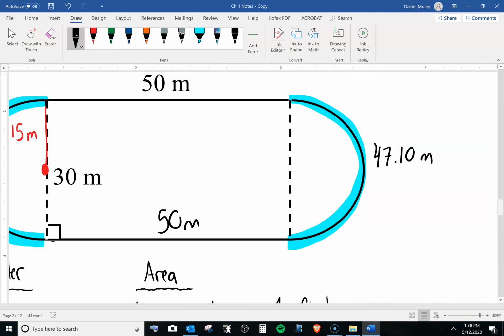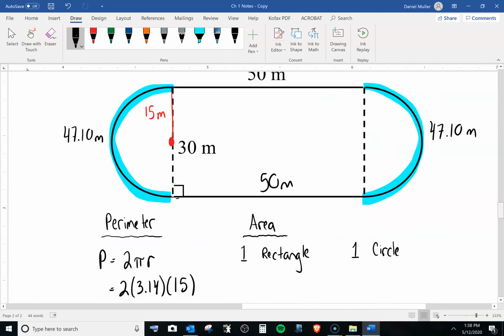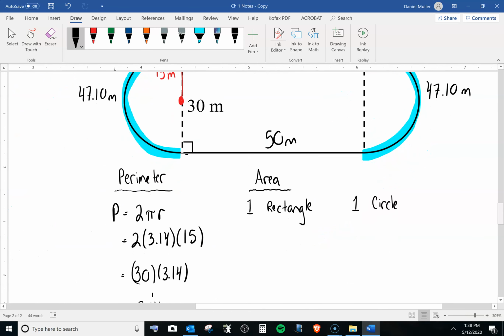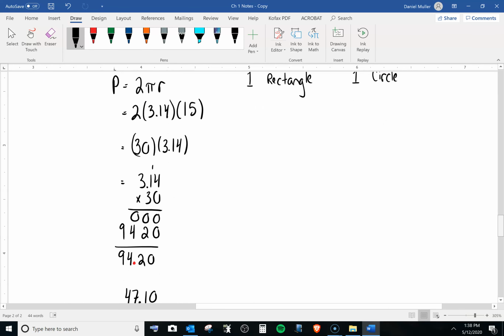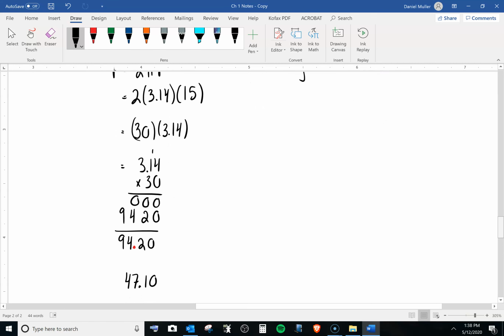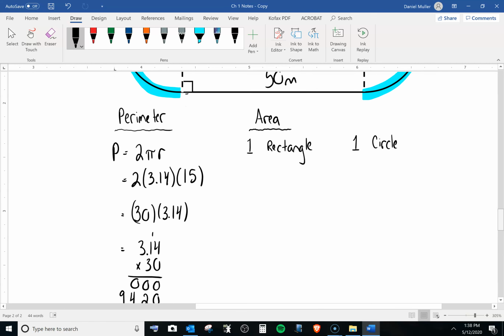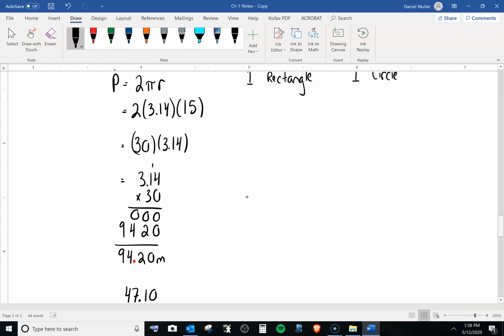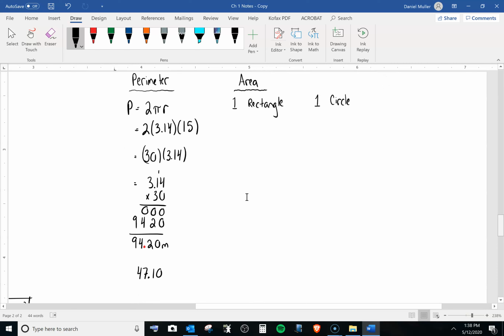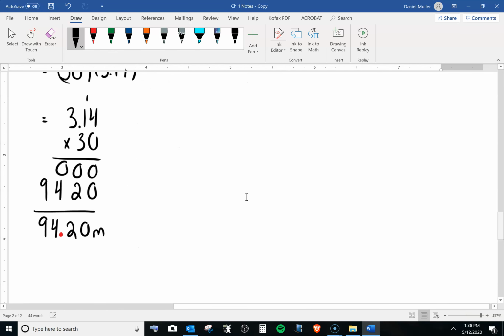We don't need to cut that in half, it's just good to maybe know that. We already have the total added up. That's the perimeter of a full circle, which was 94.20. So we already have the 94.20 meters. And maybe I'll just write this 47.10.